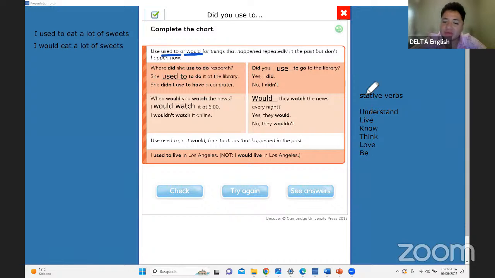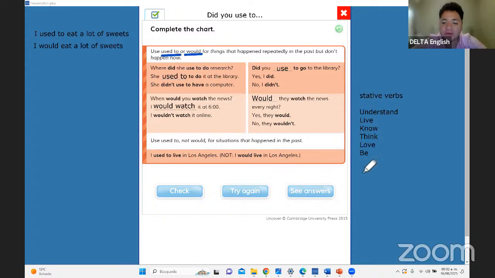So that's why with these kinds of stative verbs, you cannot use would, only used to. So just for you to be sure, used to doesn't have any restrictions. You can use it with active verbs, with stative verbs, with any verb, but would only uses the active verbs.